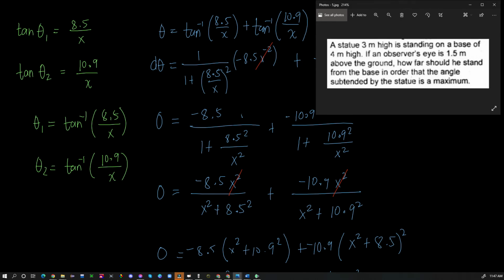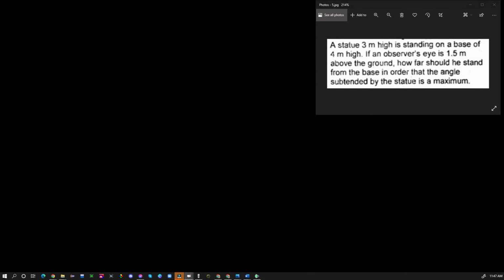Try this one. A statue 3 meters high is standing on a base of 4 meters high. Imagine the statue there, class. So the base here is 4, then the statue is 3 meters.